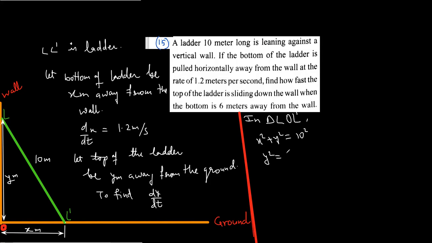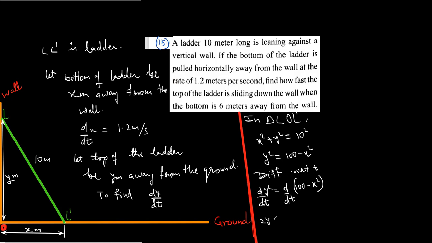So y square is 100 minus x square. I differentiate this with respect to t. I write here differentiating with respect to t. So d by dt of y square is d by dt of 100 minus x square.